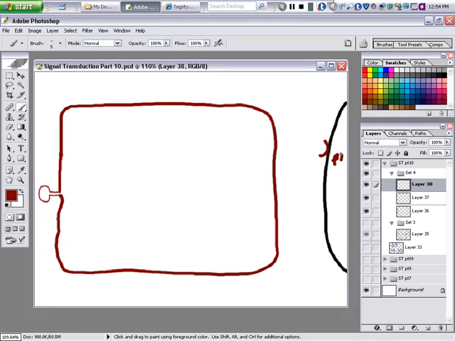Okay, now the first thing you need to do, what neurotransmitter are we trying to make? Norepinephrine. Okay, now in order to make norepinephrine, we have to start with an amino acid. It's made from one single amino acid.